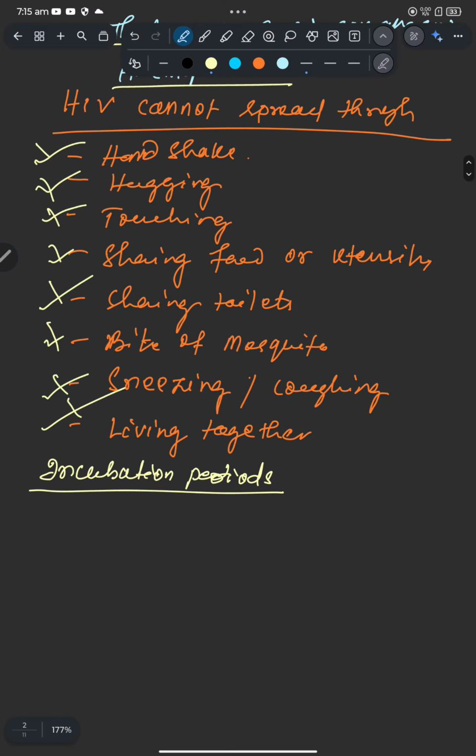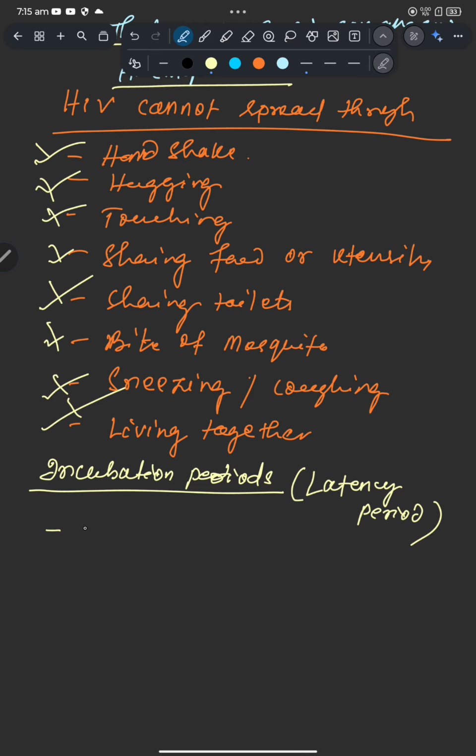Now, its incubation period. What is its incubation period? It is otherwise known as latency period. So, what is this latency period?